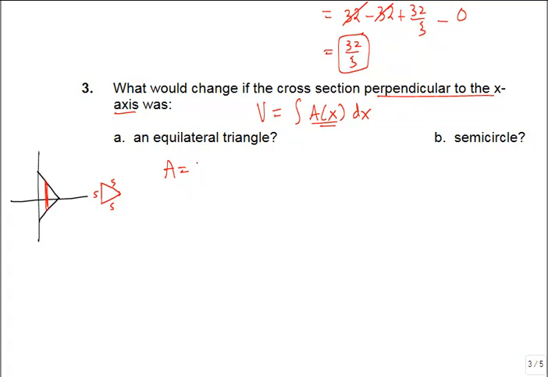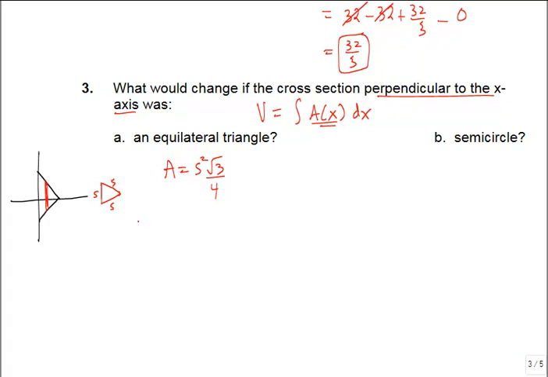It's just like the area of a square, side squared, but then you multiply it by √3/4. And that comes from the fact that in an equilateral triangle, each of these angles is 60 degrees. So if you drop a perpendicular down, you get some 30, 60, 90 right triangles, and you can get the height of that triangle based on that.